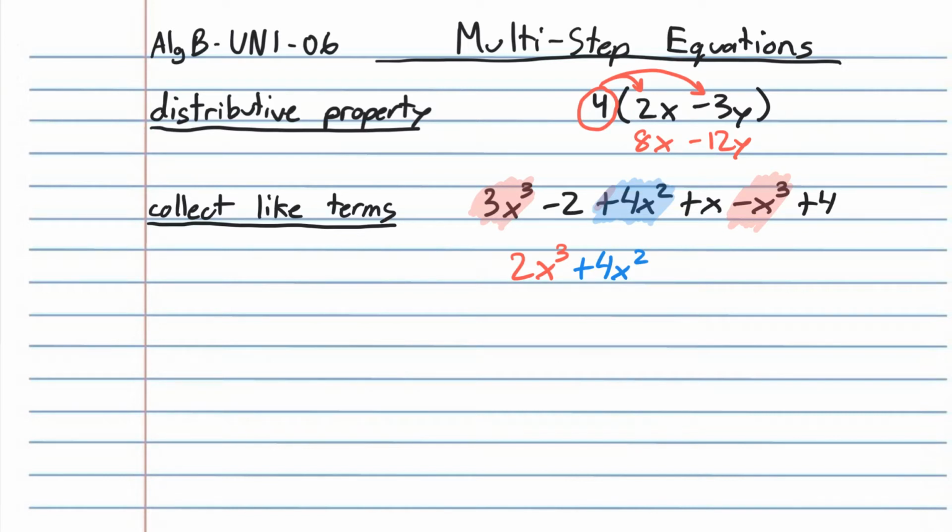We only have one of those as well, so that one goes next: plus x. And then the numbers that are by themselves always go last. So we have a negative 2 and a positive 4. Remember, you can think of it like you have $4 and you're spending 2 of it. So the leftover, you get plus 2.